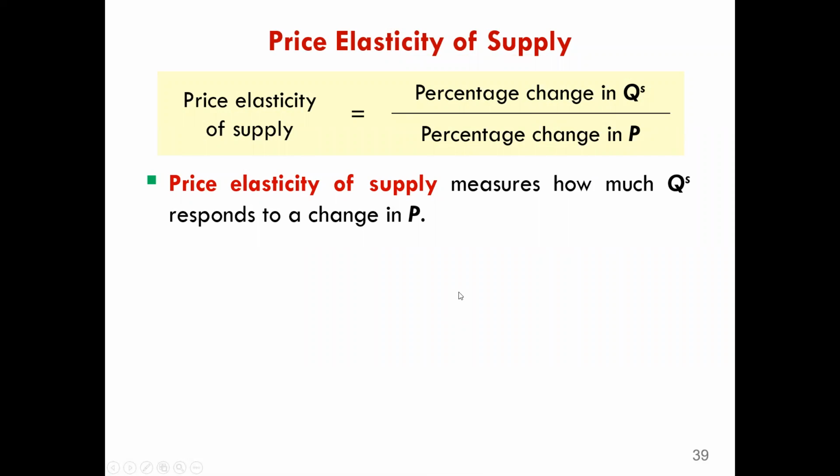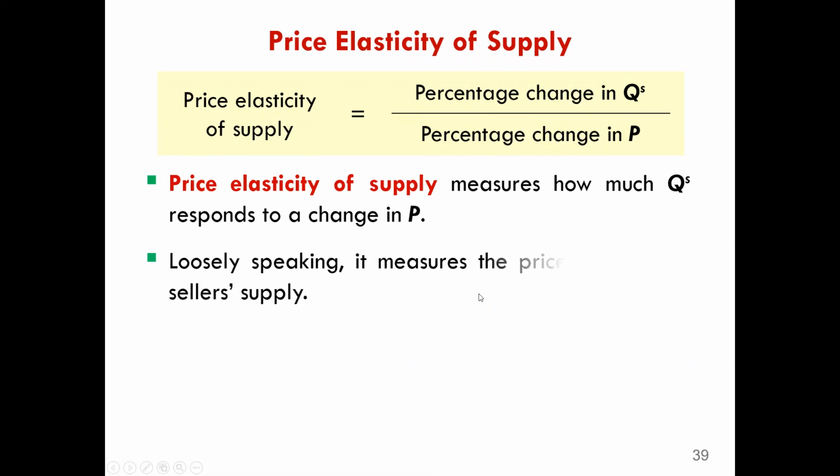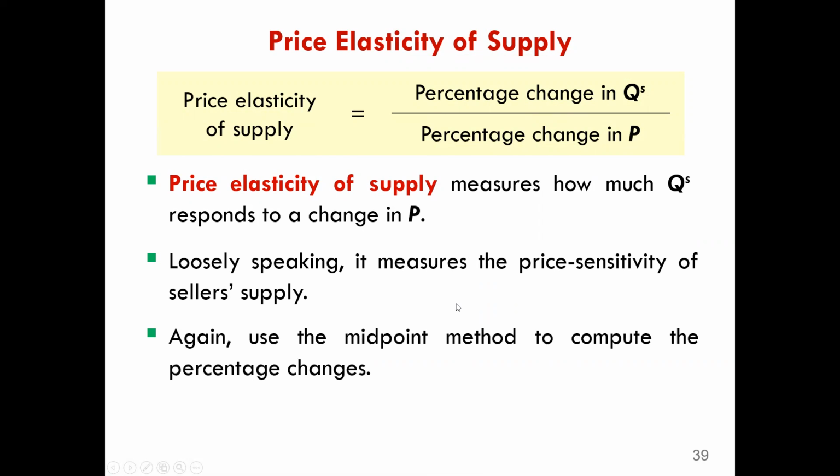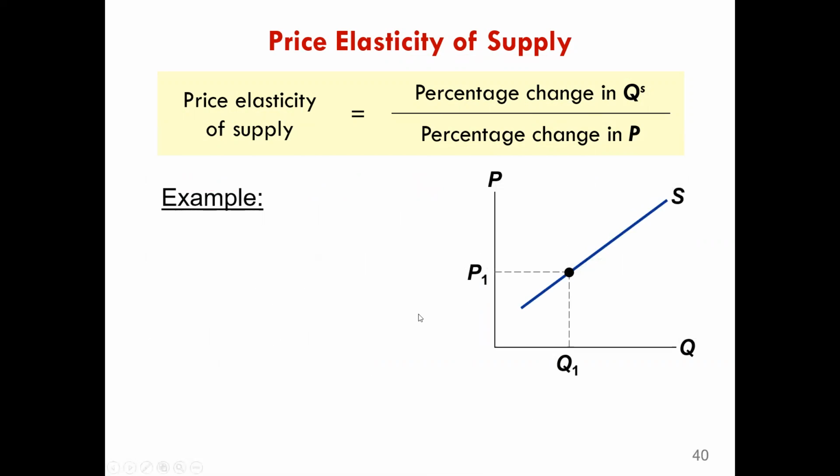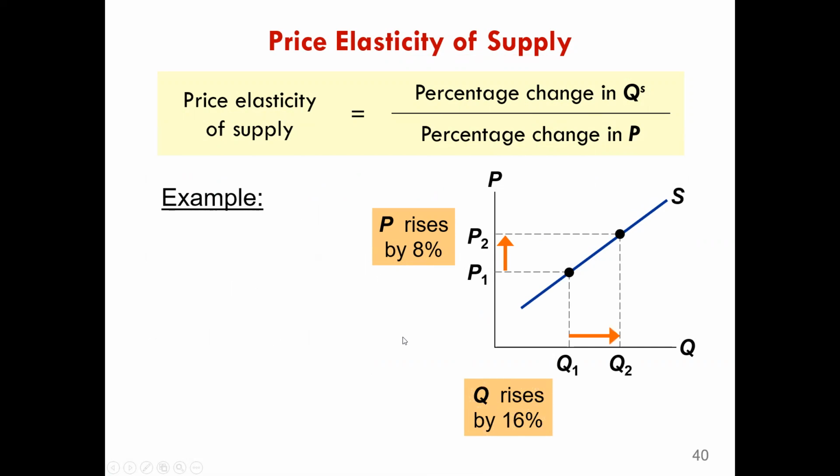So price elasticity of supply measures how quantity supplied responds to a change in price. Again, we are going to use a midpoint approach to compute the percentage changes. Let's look at this example. When price increases from P1 to P2 by 8%, quantity rises by 16%. This happens because of the law of supply, that more will be supplied at a higher price.